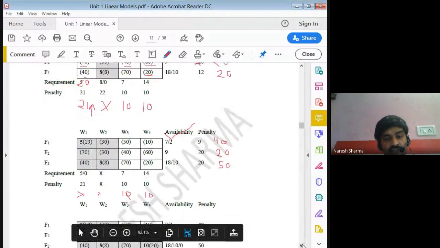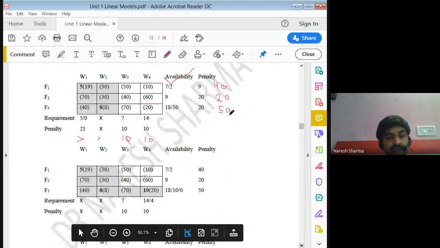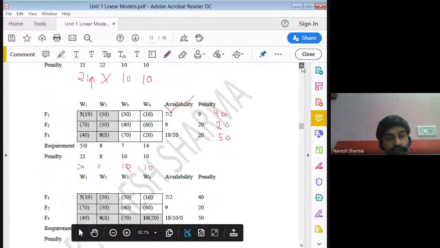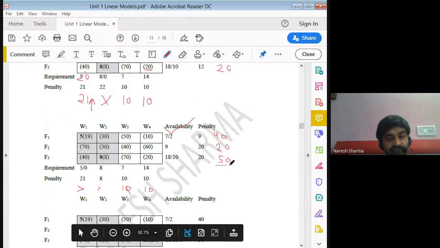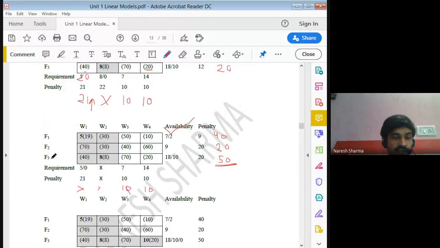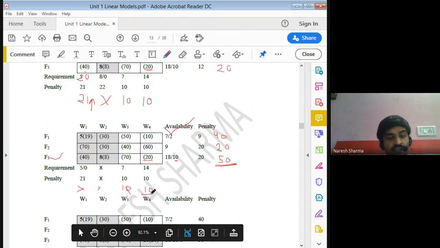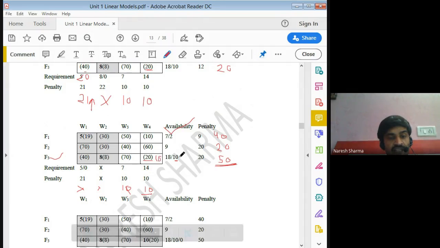Now we get the below table. So before that, you can choose here the maximum penalty, which is 50, and the minimum value corresponding to your third row is your 20. So we have availability of 10 units and requirement is also 10 units. So we allocate here 10 units so that availability becomes 0.